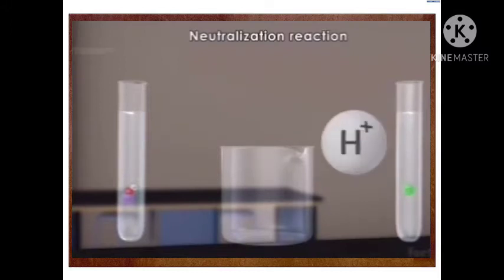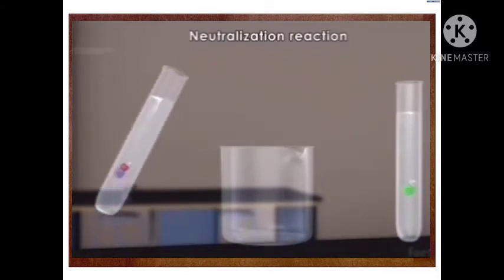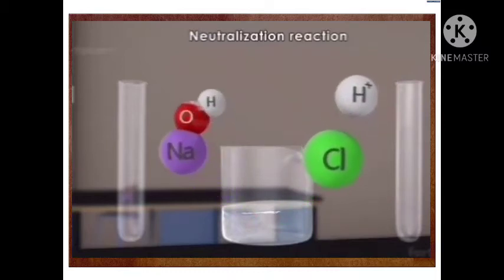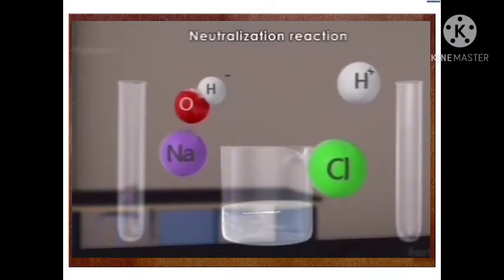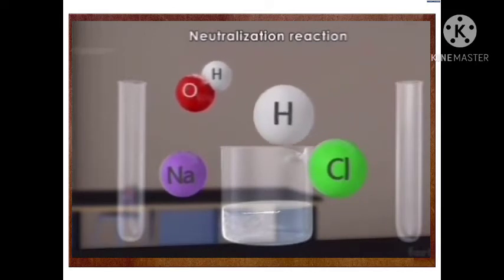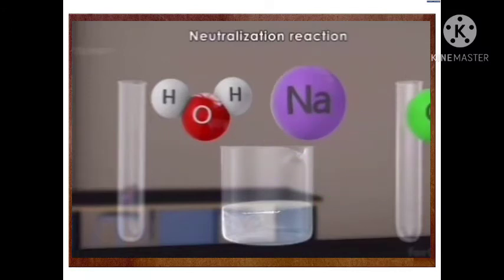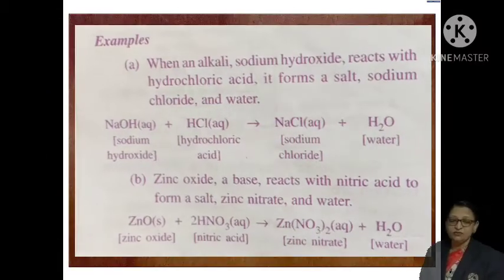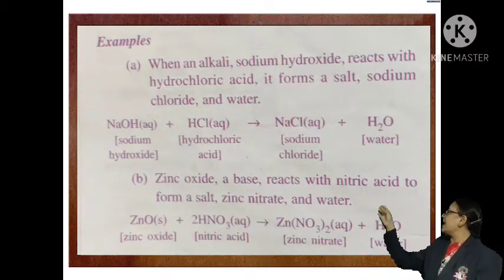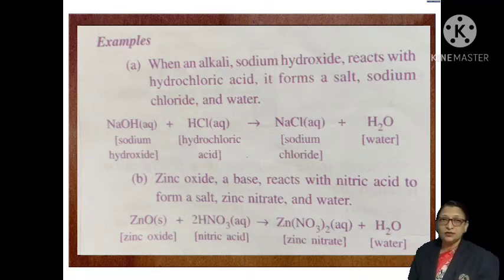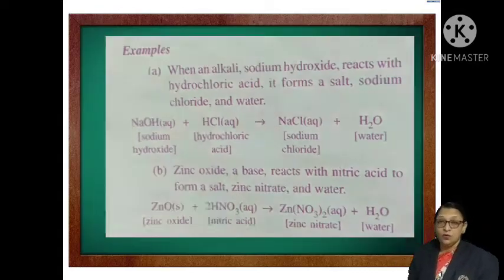An acid, hydrogen chloride, and an alkali, sodium hydroxide, when they react with each other, exchange their H plus and OH minus ions to form the new products, water and salt, that is sodium chloride. One more example: zinc oxide reacts with nitric acid to give the salt of zinc, that is zinc nitrate, and water.